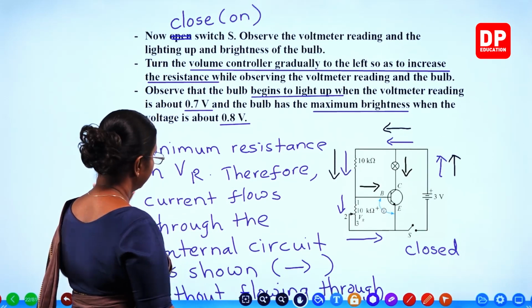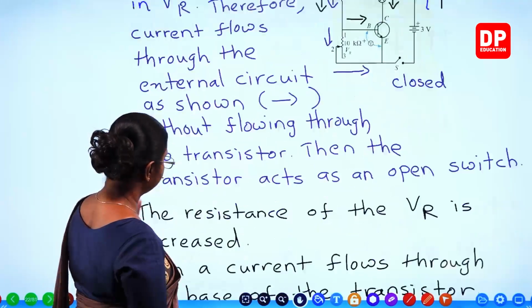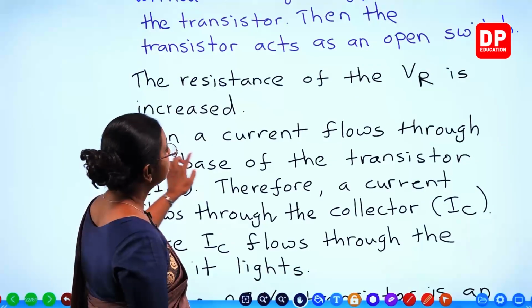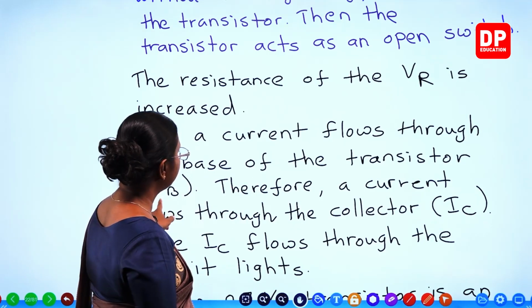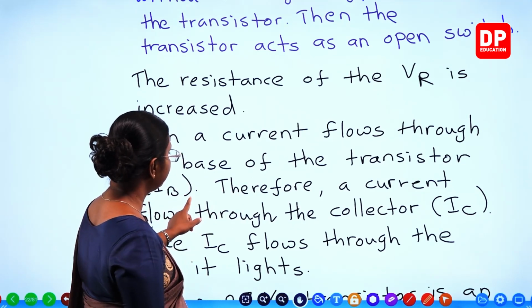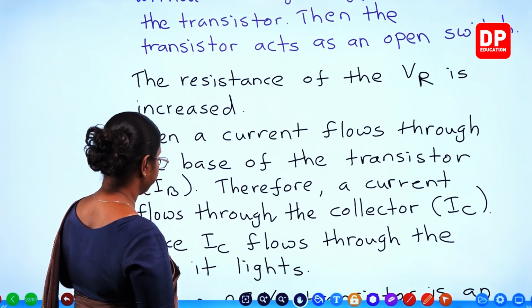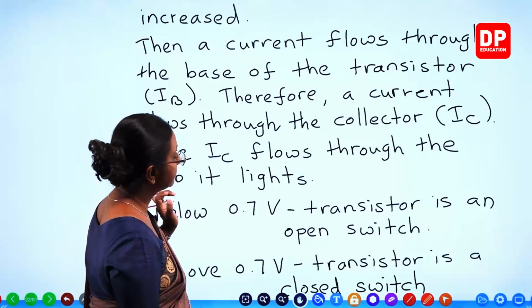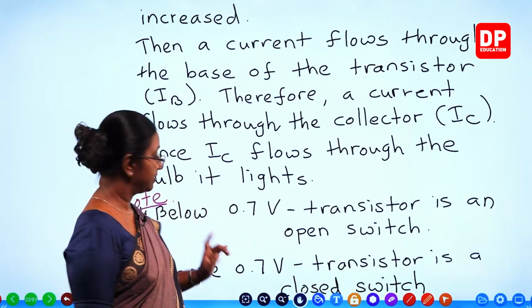So if we read the second part of the explanation, I have already discussed this with you all. The resistance of the volume controller is increased, then a current flows through the base of the transistor, that is IB. Therefore, a current flows through the collector, that is IC. Since IC, the collector current, flows through the bulb, it lights.